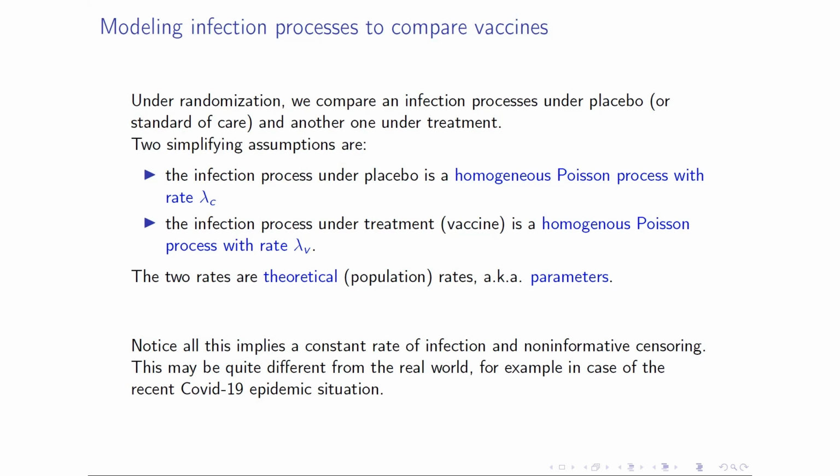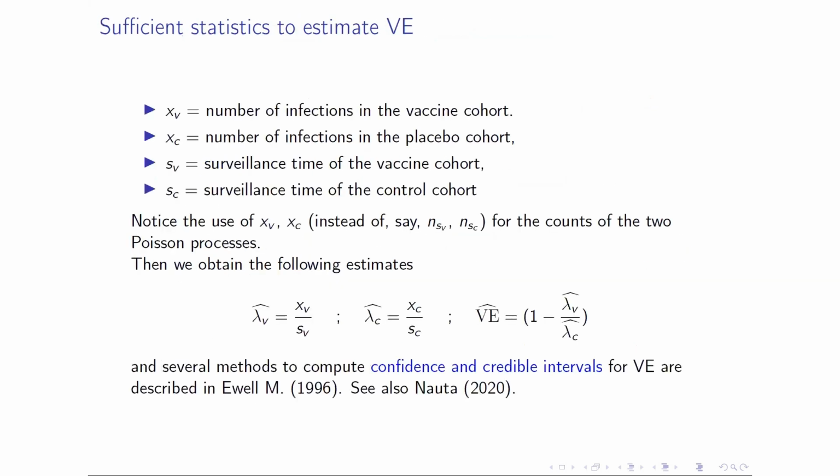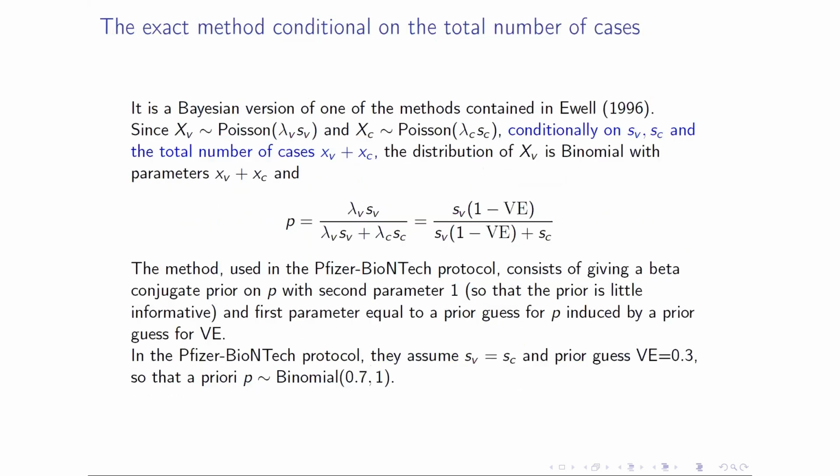There's nothing like that represented here. Here, when we compare a treatment versus a control, we just compare two homogeneous Poisson processes. So it is as if we were taking a short time over which we assume that the rate of contagion is about constant, but it's different for the treatment and the control. And that's why it comes down to an incidence rate ratio, which we estimate using the obvious things.